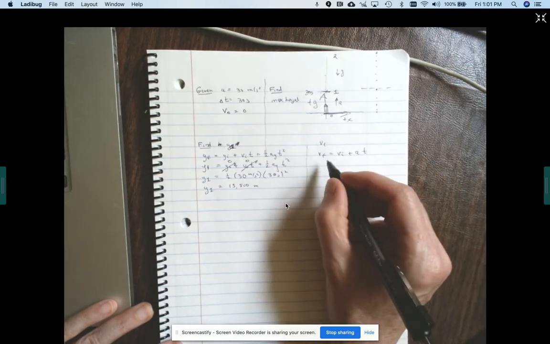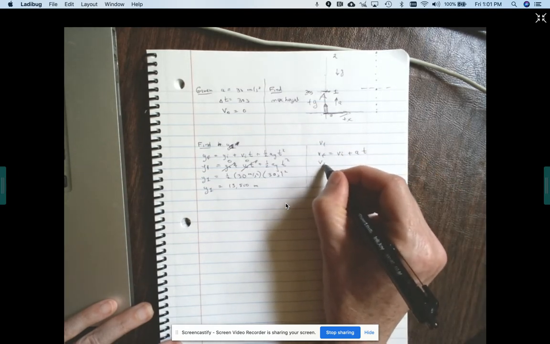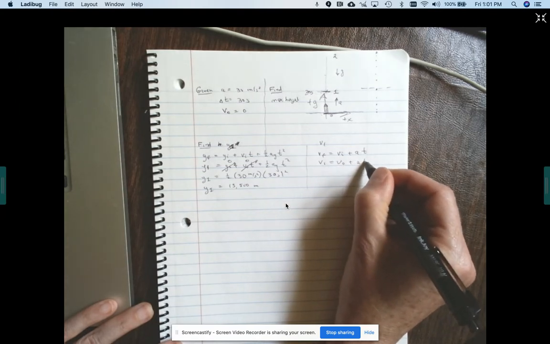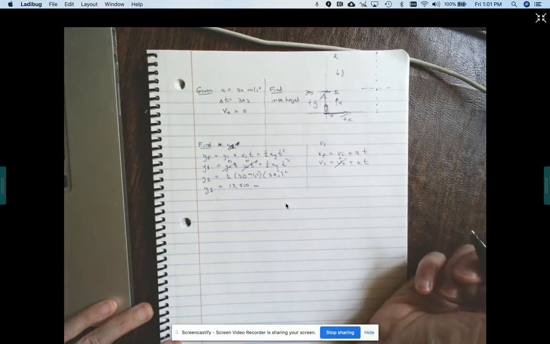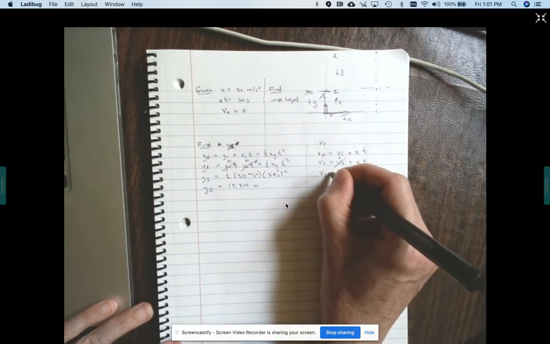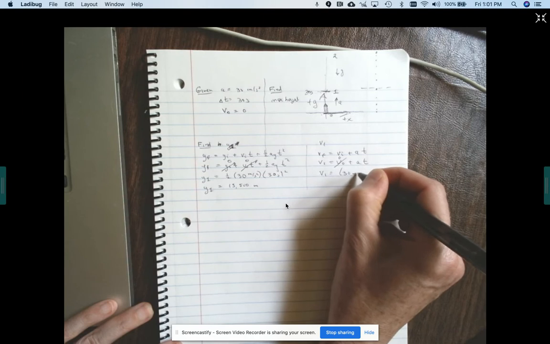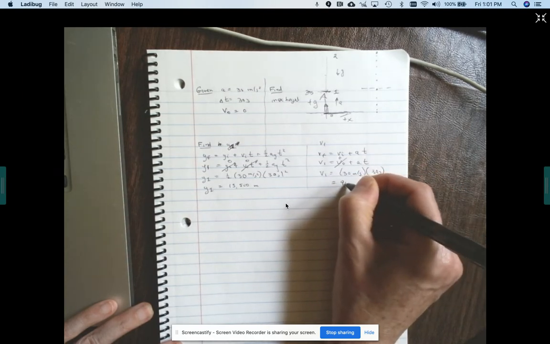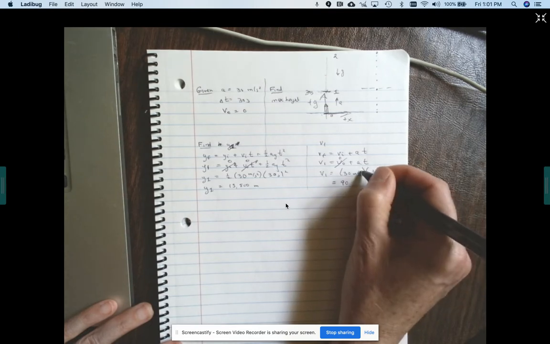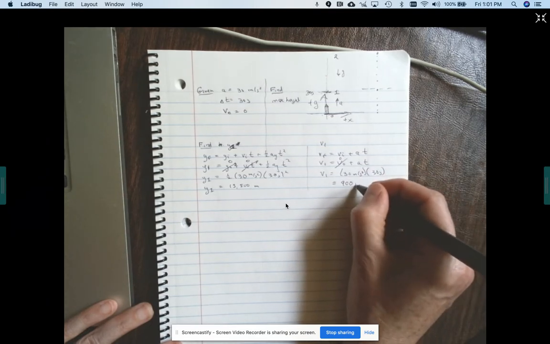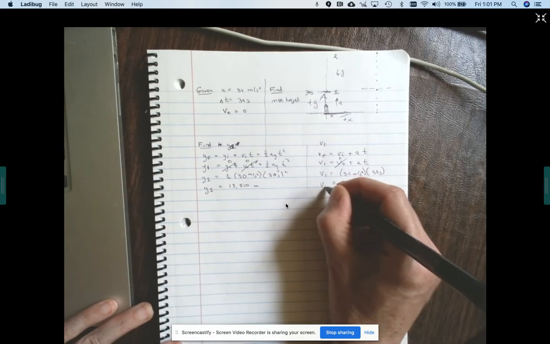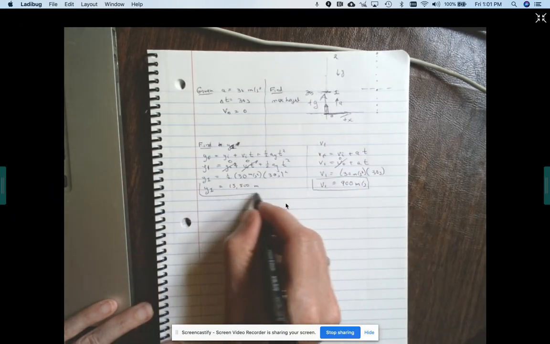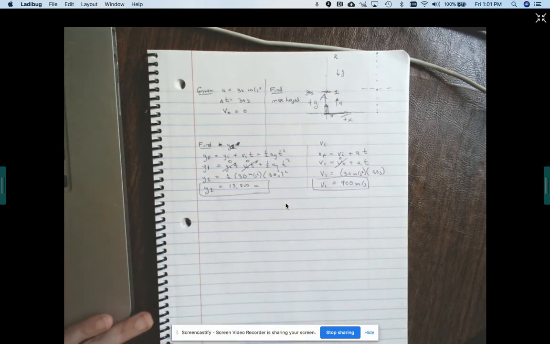My final velocity is v1, my initial is v0, and then acceleration times time. Again, v0 is 0, so that goes away. So v1 is 30 meters per second squared times 30 seconds. So that's 900, sorry, I messed that up, 900 meters per second. These are in between answers, but good to box them off.